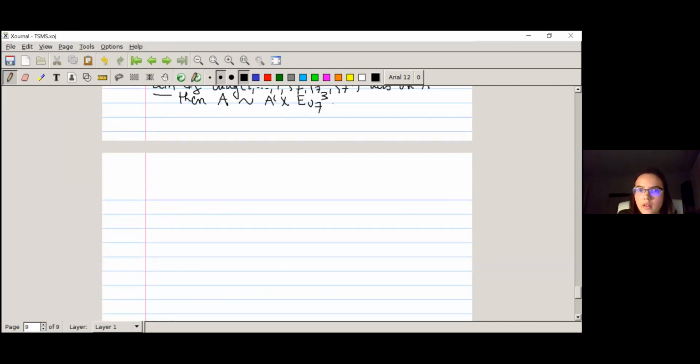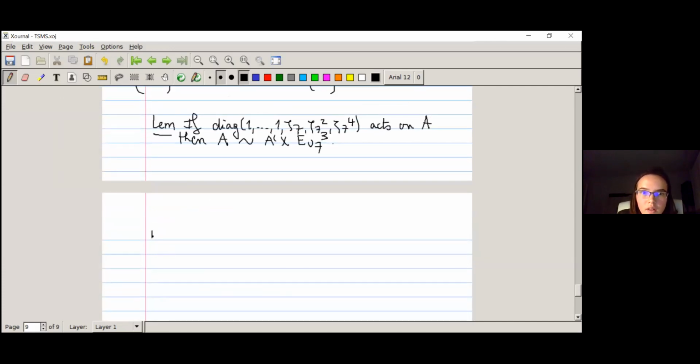So, proof goes. A prime is the kernel of, so if we call this guy H, of H minus identity, A prime prime is the image of H minus identity.